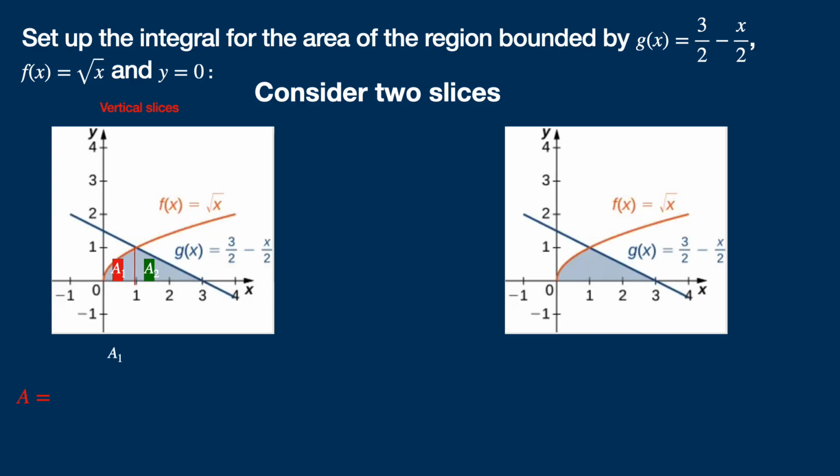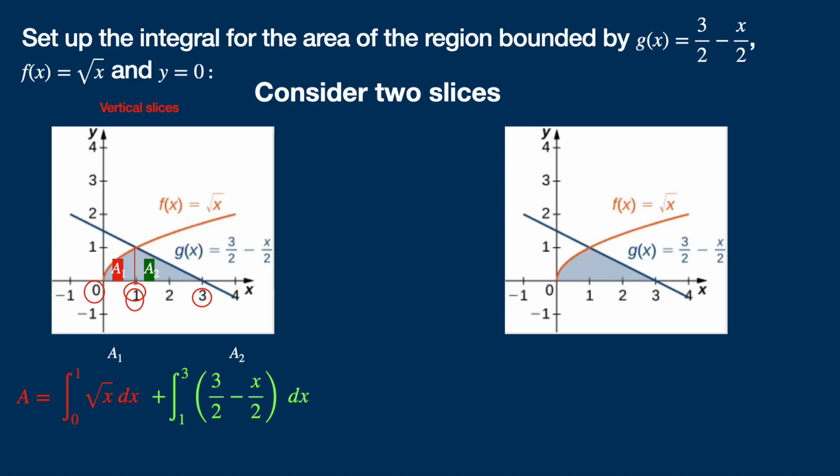A is going to be A1, 0 and 1, square root of x because that's the top curve. The bottom curve is x equals 0, so I didn't put it. Second is A2, 1 and 3, guys. The top curve is going to be 3 over 2 minus x over 2, minus 0. That's how you're going to find the area of A.